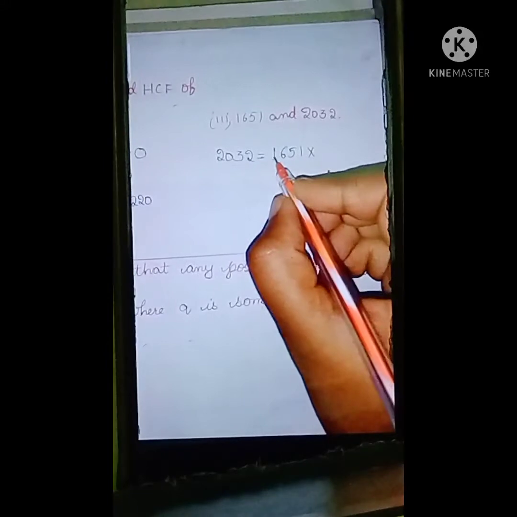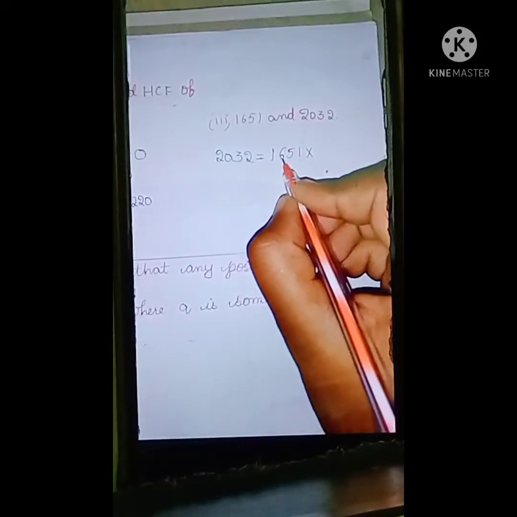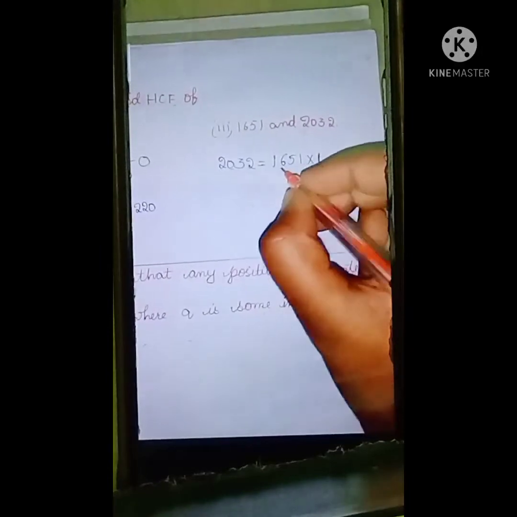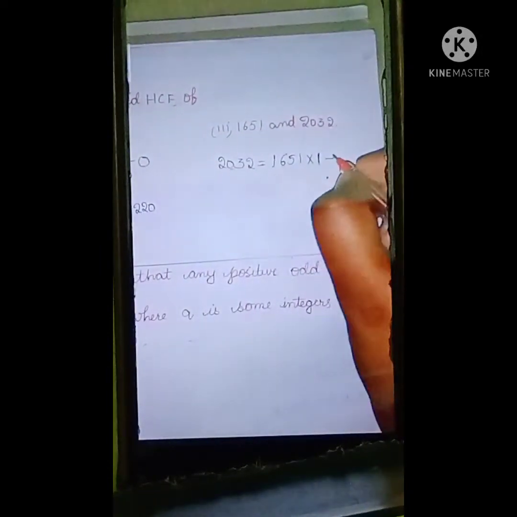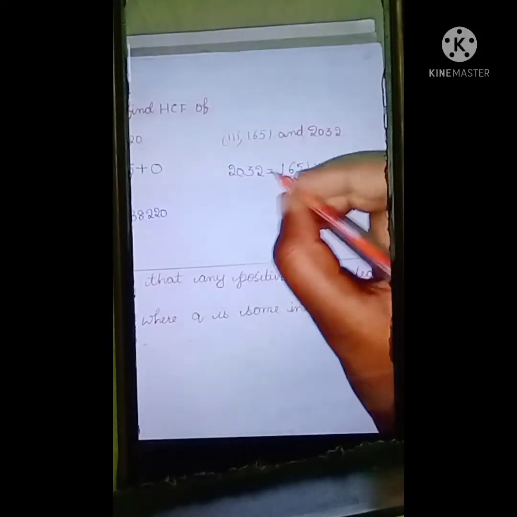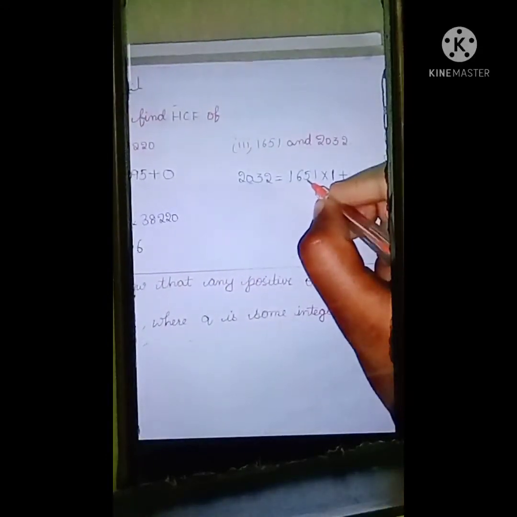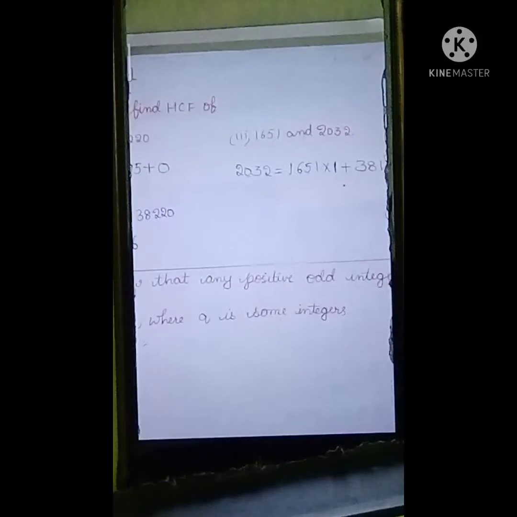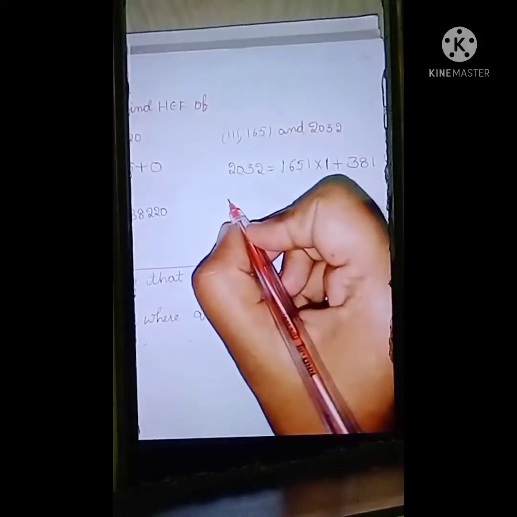It is 1, so 1 plus the remainder, 2032 minus 1651, equals 381.